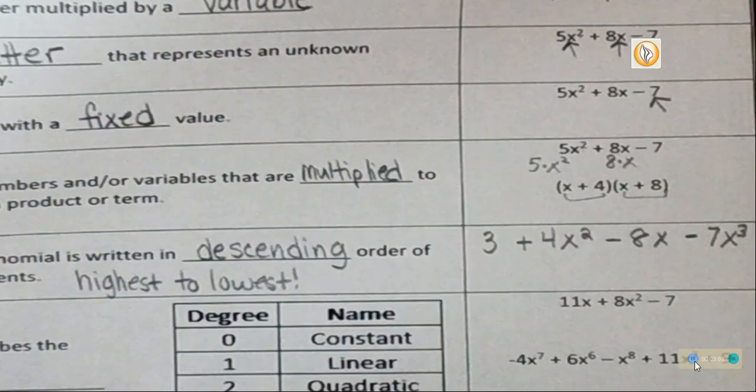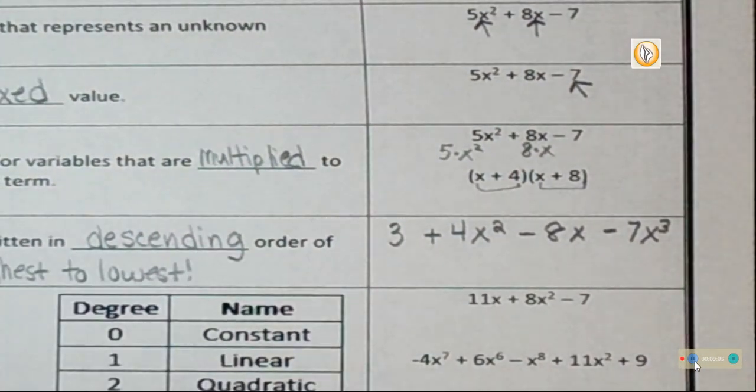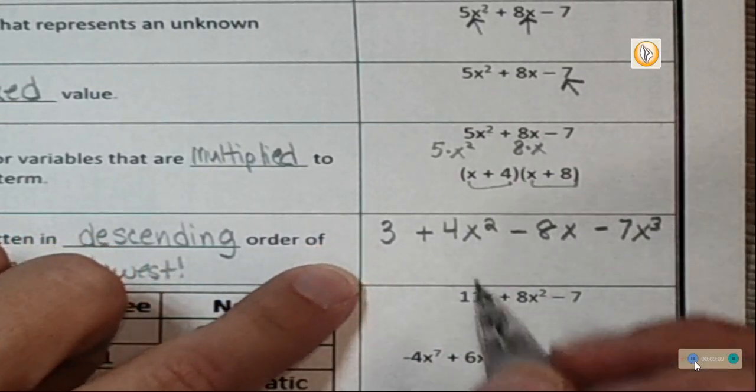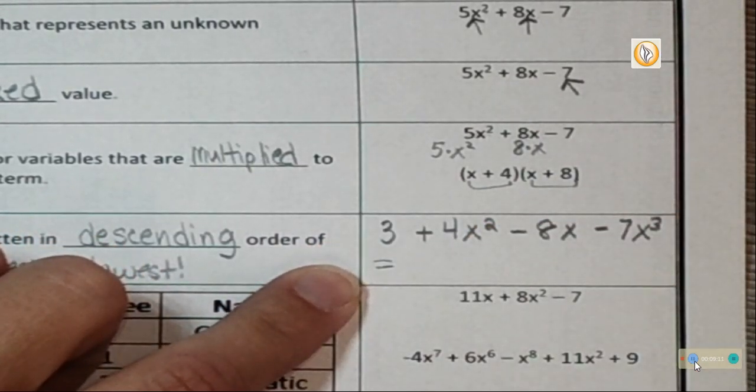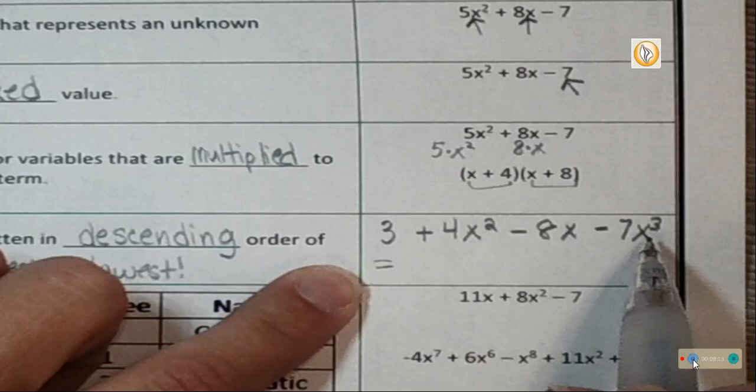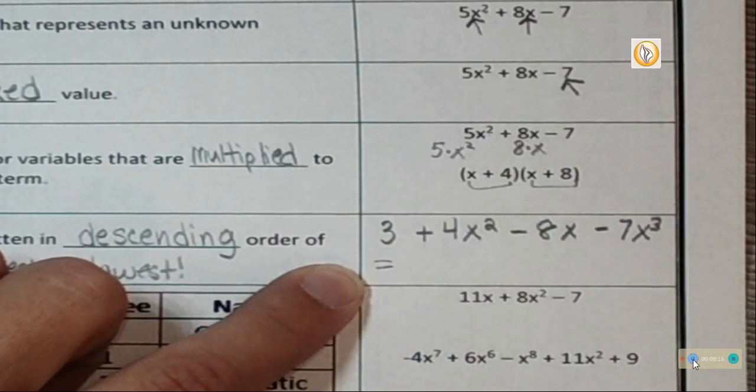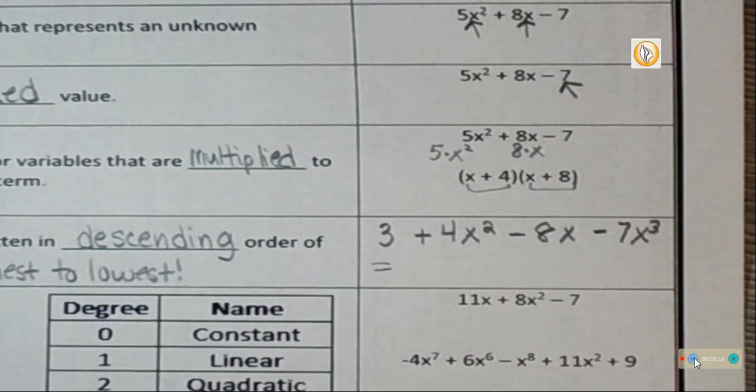Why is that not in standard form? It starts with the lowest value. Your exponents are not in order. So I want you to put your exponents in order from highest to lowest.